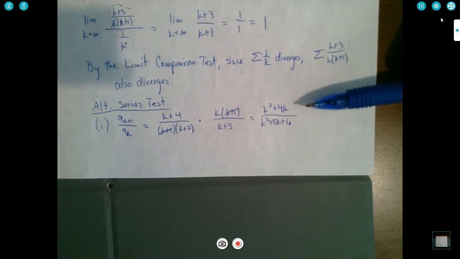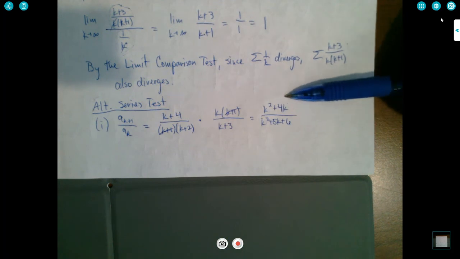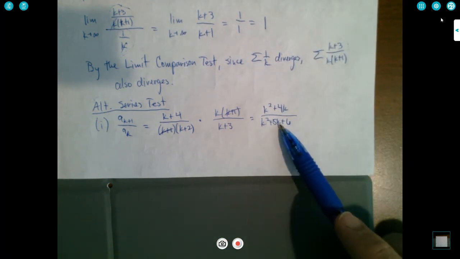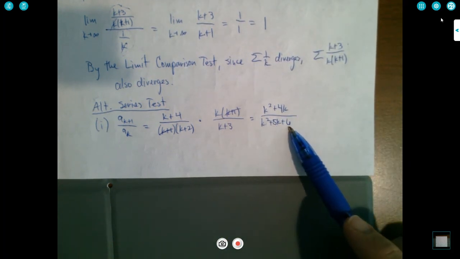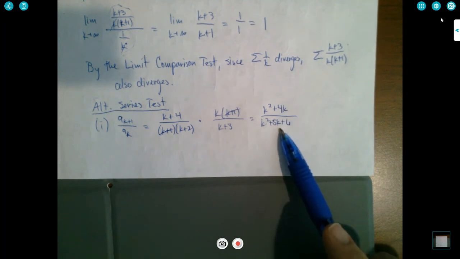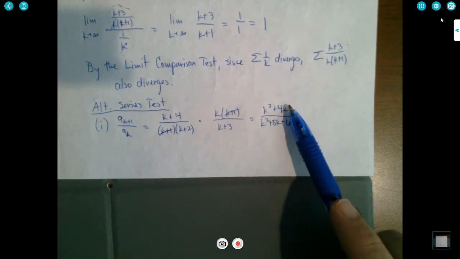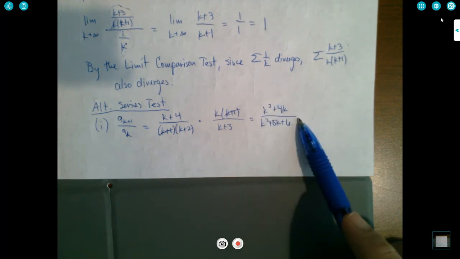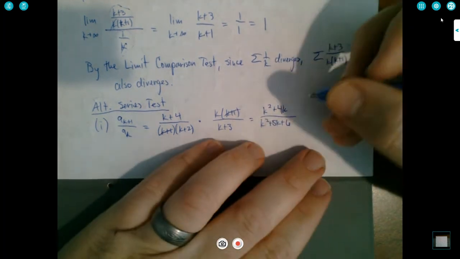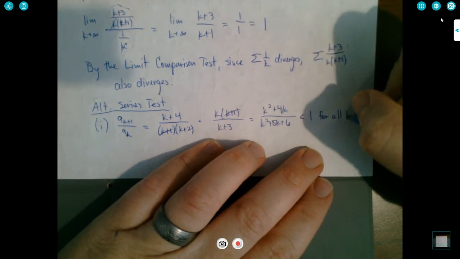So now I can see pretty clearly, though, that the denominator here is always going to be bigger than the numerator, isn't it? Because 5k is bigger than 4k, and 5k plus 6 is even bigger than 5k. So 5k plus 6 is always bigger than 4k if k is a positive integer. So if the denominator is always bigger than the numerator, then this fraction is always less than 1. So this is less than 1 for all k.